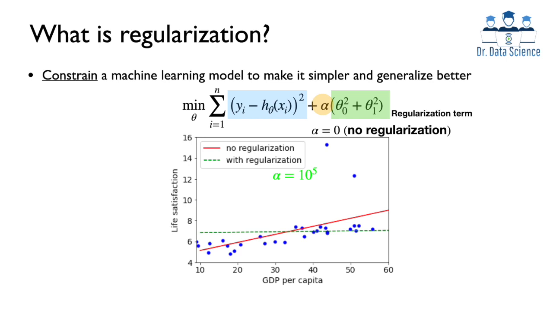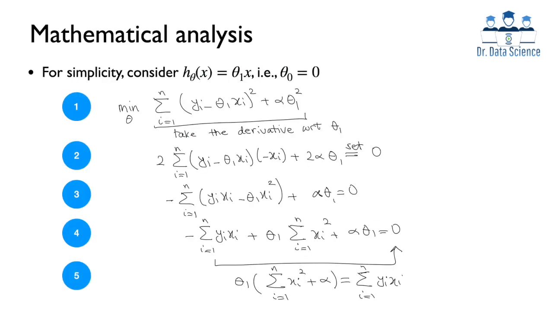So as you can see here, when I chose alpha too large, which here is 10 to the power of 5, and this depends on your problem, you can see that now this green line is sort of a horizontal line, so it predicts the same value for every input, and that's basically something that is completely useless. And that's why you always have to find appropriate values for this alpha, and that's one of the key challenges of using regularization.